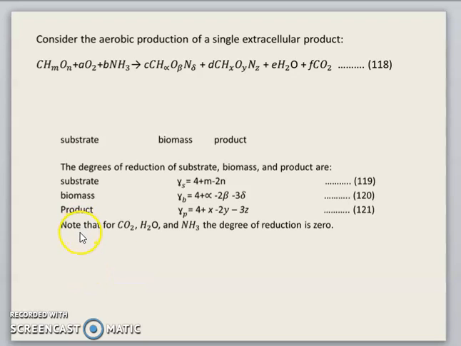But note that for CO2, H2O, and NH3, the degree of reduction is 0.